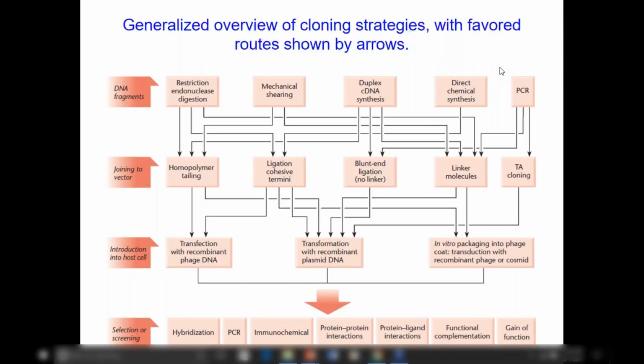Okay. Nitish has asked what is meant by TA cloning. What is TA cloning, guys? Any idea?